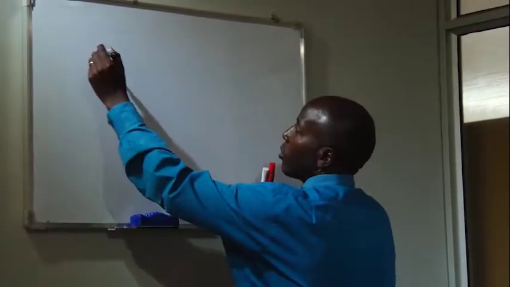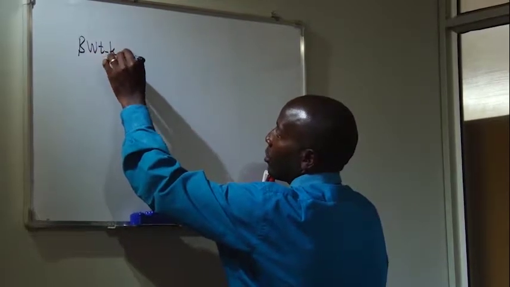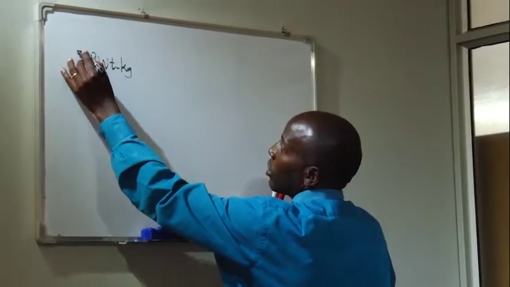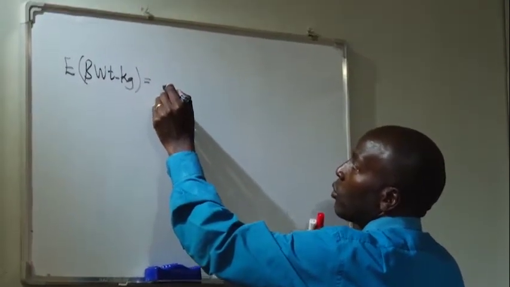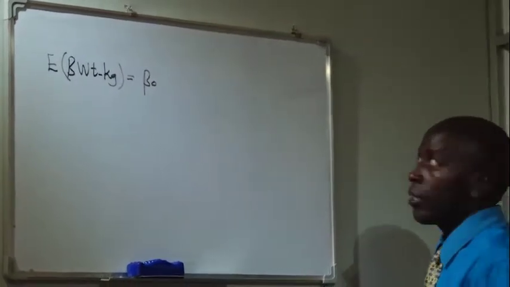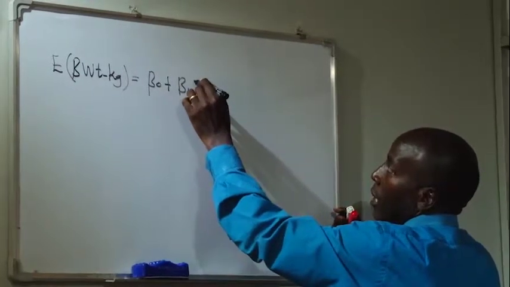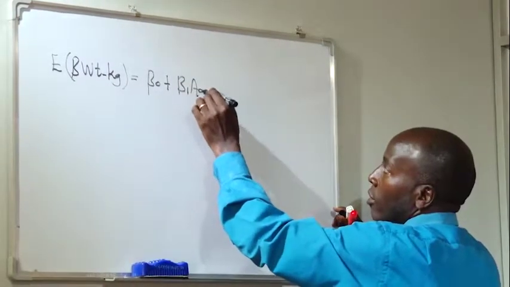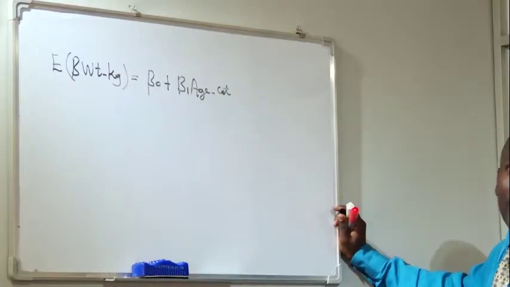In this model, the current model is birth weight in kilograms. So we have what we call the expected birth weight in kilograms is equal to the beta naught or alpha, the intercept, plus beta 1 times age in what? In categories. Okay?